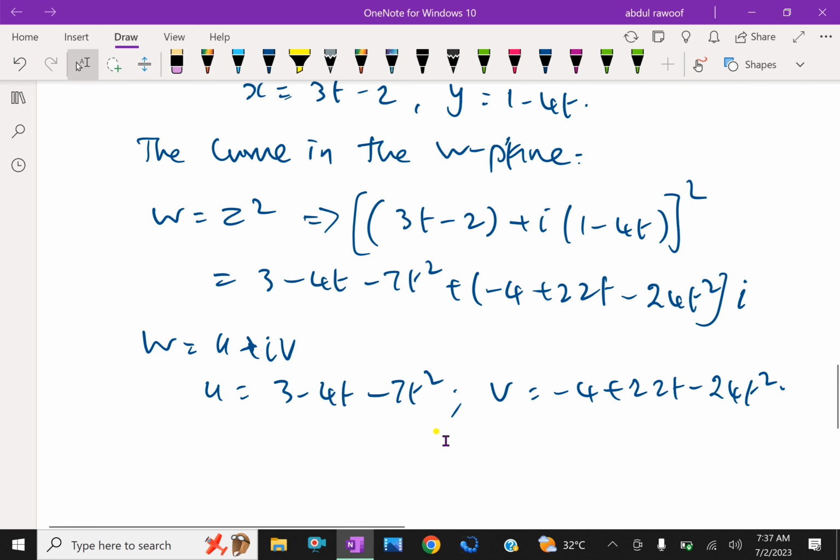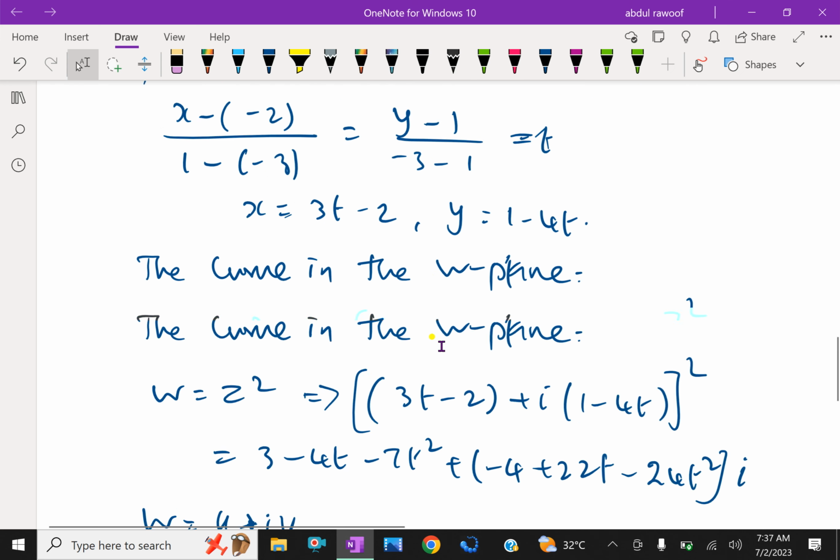This is the u and v part. By assigning various values of the parameter t, this curve may be graphed in the uv plane.